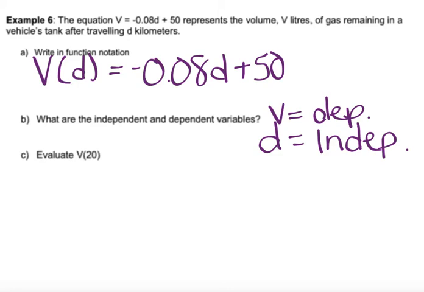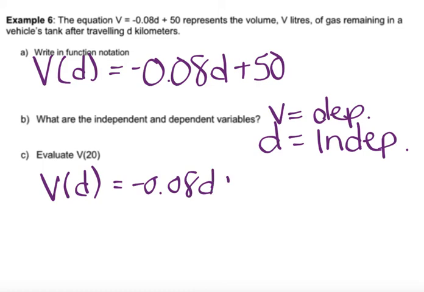Now it wants us to evaluate v of 20. So it wants me to take v of d equals negative 0.08d plus 50, and I'm going to replace all the d's in this equation with a 20.